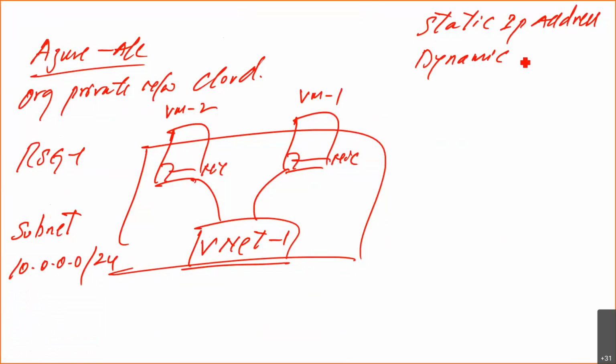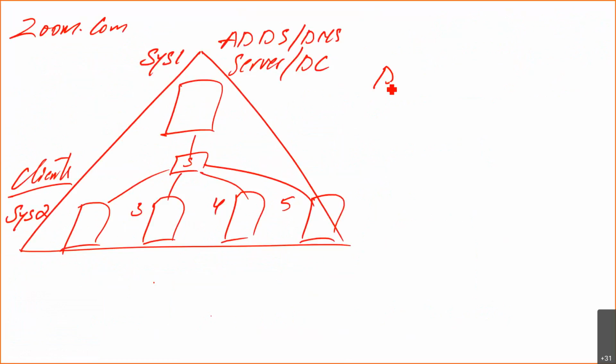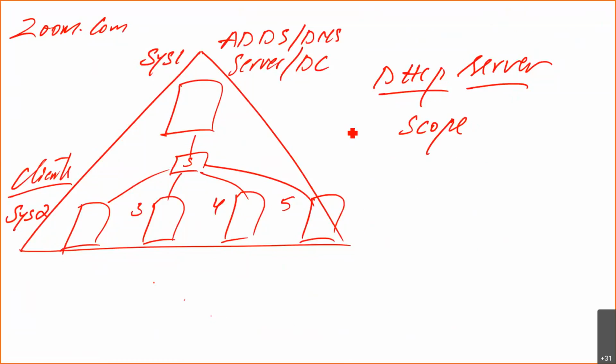So guys, in our MCC classes, we have learned how to assign dynamic IP addresses. Within the organization, guys, if you want to assign dynamic IP addresses to your network machines, we require a DHCP server, and we require a scope also. With the help of that, we can assign the IP address to all these machines. Okay, so this is called dynamic IP.